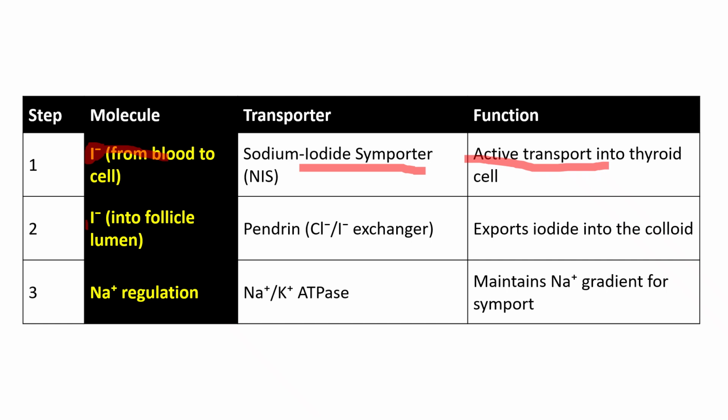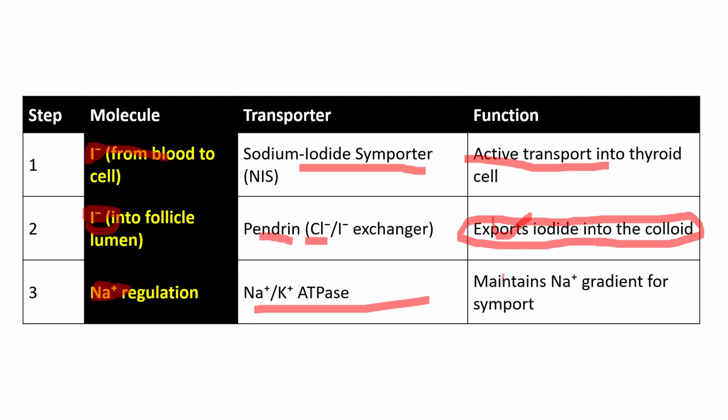Then, in the follicle, iodide is exchanged for chloride through pendrin, and this leaves the iodine inside the colloid or follicular lumen. Then sodium regulation is done by the sodium potassium ATPase pump that maintains the sodium gradient for the symport function.